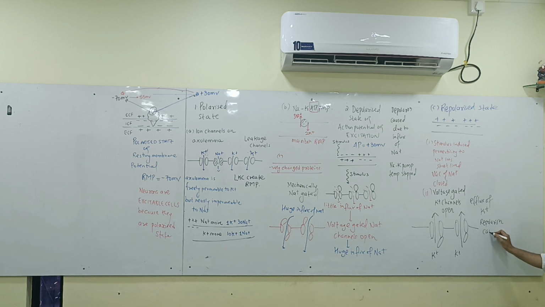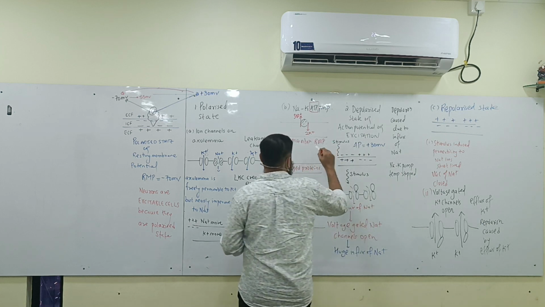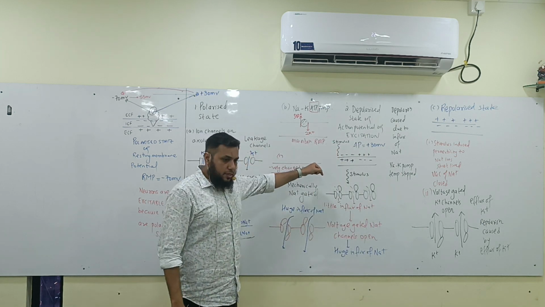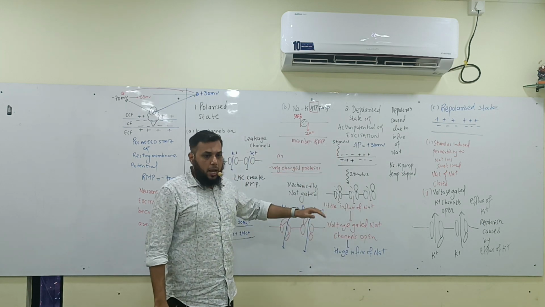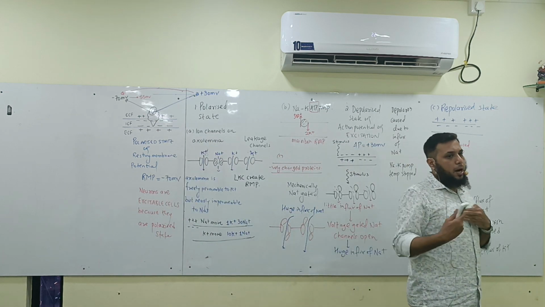So repolarization is caused by efflux of K plus, and depolarization is caused by the influx of Na plus. So which ion is responsible for depolarization? Na plus का अंदर आना, and which is responsible for repolarization? K plus का बाहर जाना.